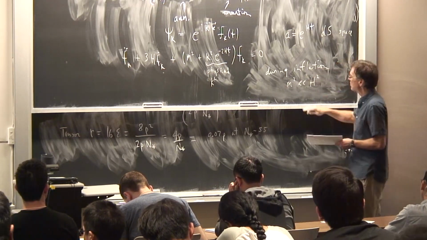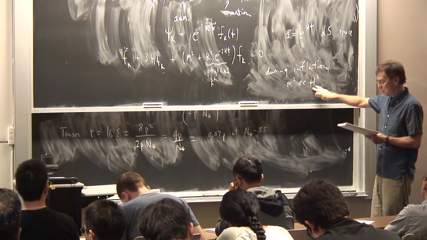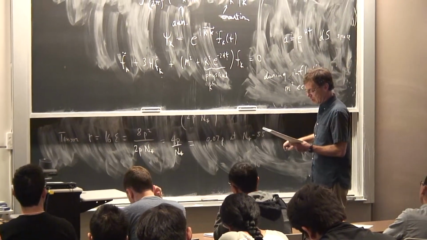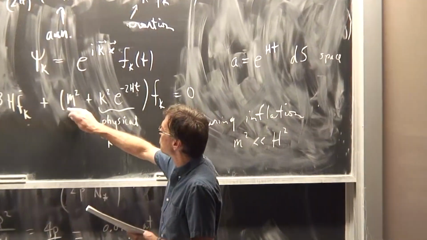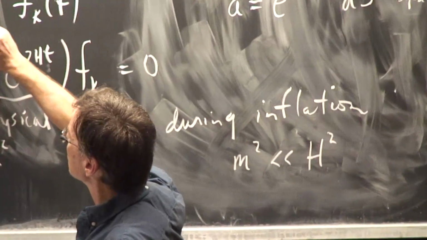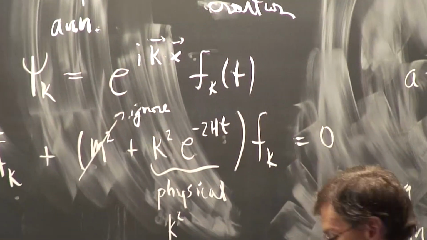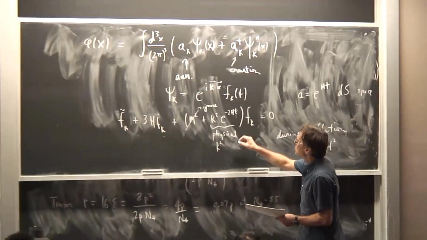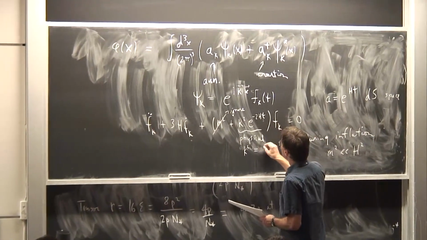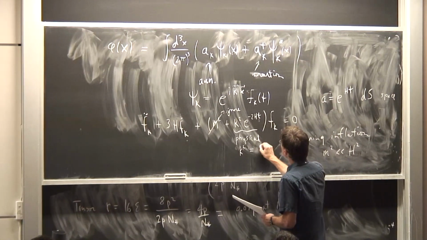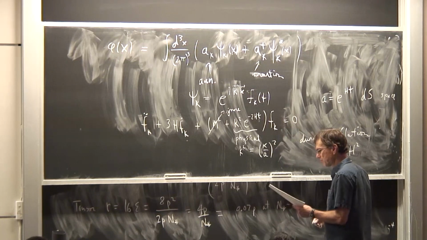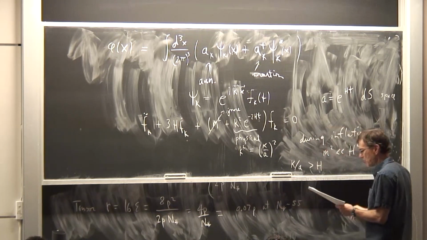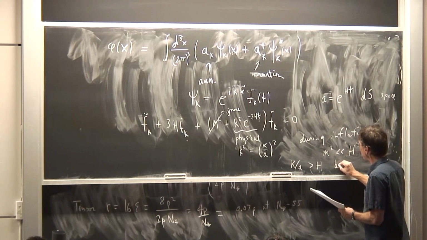That means the mass of the field must be much less than H squared. And so it turns out we're going to be able to ignore the mass. And remember, this is just k over a squared, and k over a is going to be greater than H before horizon crossing.